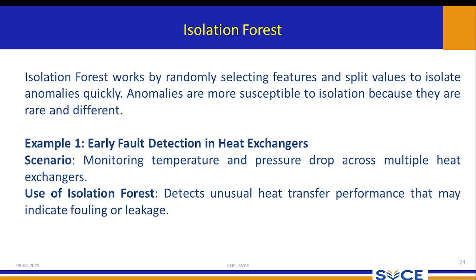That means the heat transfer is not effective. Obviously, this may occur because of factors like fouling or leaking, or maybe a different fault. This will rarely occur, and isolation forest will help you. So this is one example of using isolation forest, where the anomaly is identified, that means a deviation from the normal data. Hope you understood.